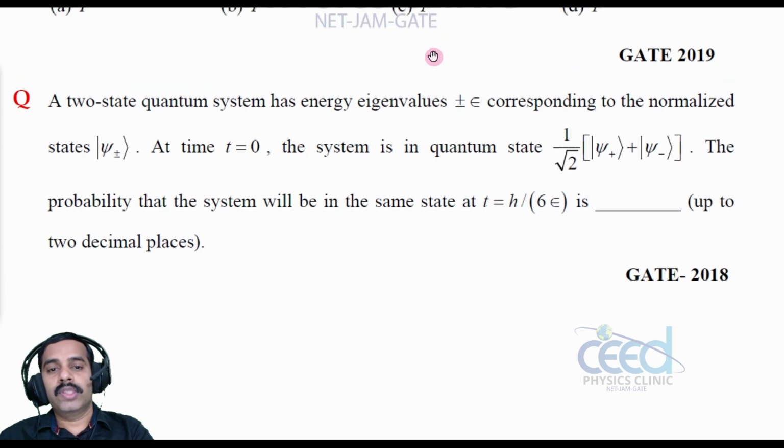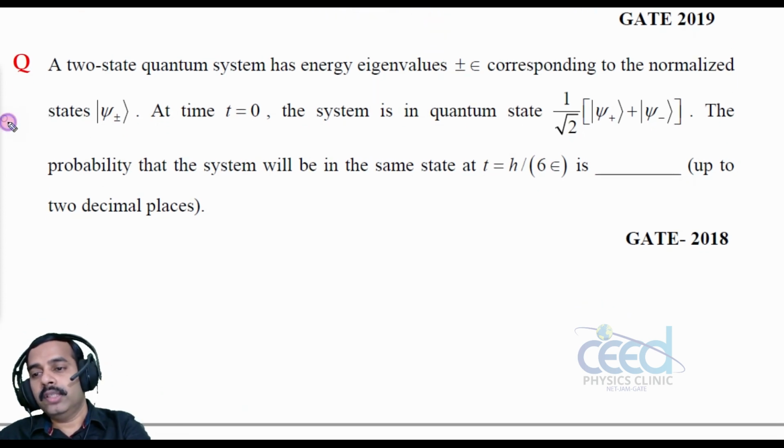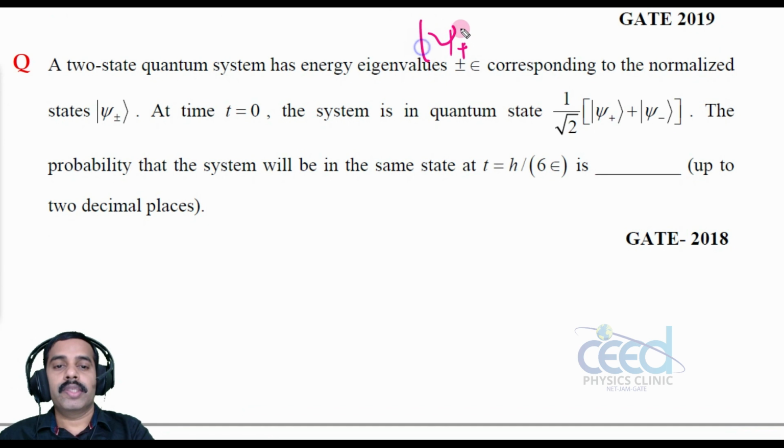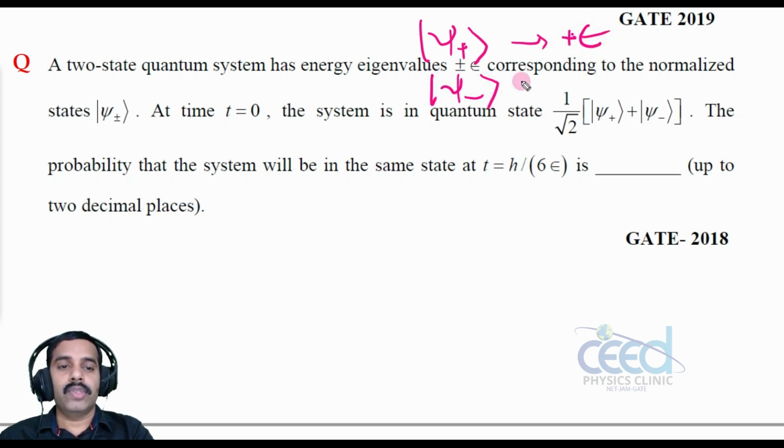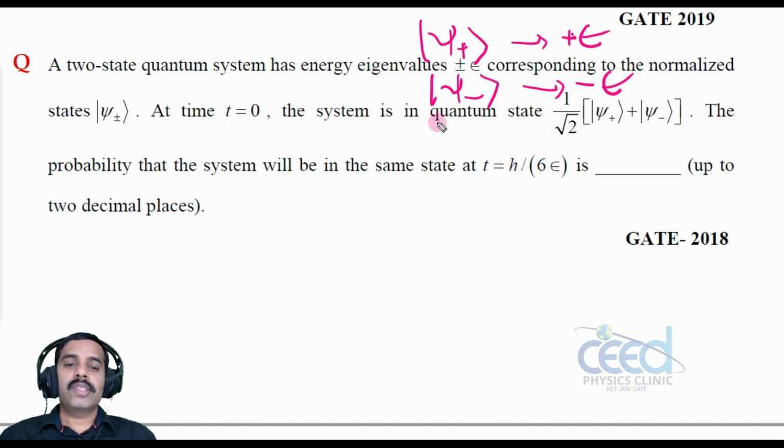So with the state psi plus we have energy plus epsilon, and with state psi minus we have the energy minus epsilon, all right? And the system is in the quantum state 1/√2 (psi plus + psi minus). So this is the quantum state. Now the probability of the system being in the same state at a time t = h/6ε is.